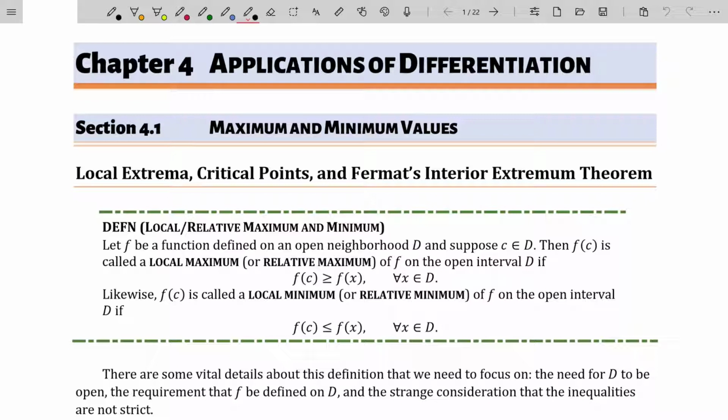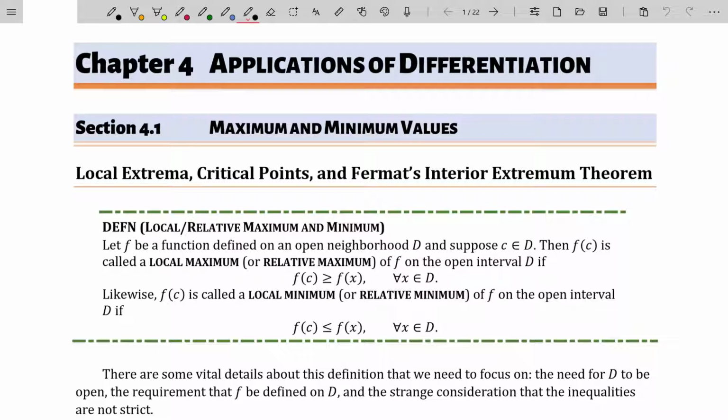You're just trying to figure out the relationships between derivatives and graphs of functions and developing a little more theory behind the scenes. So this specific lecture and the next one after it is really focused on maximizing and minimizing function values, finding the greatest function value or the least function value if you can.